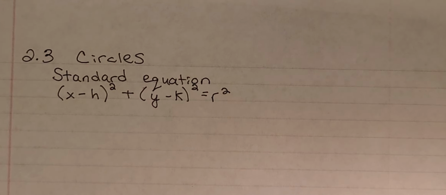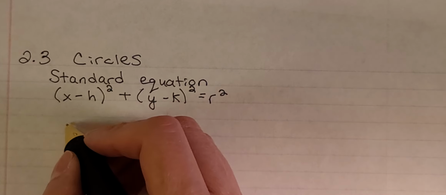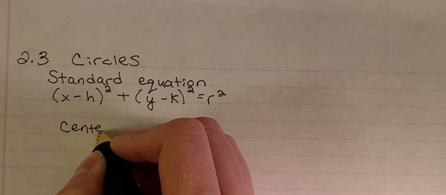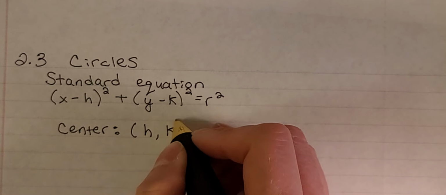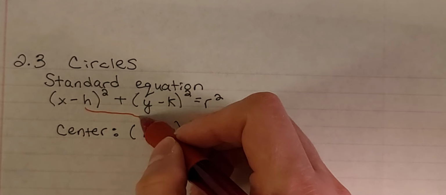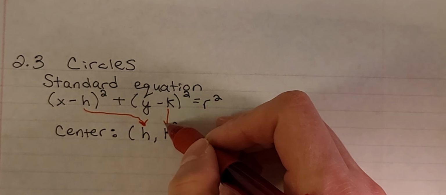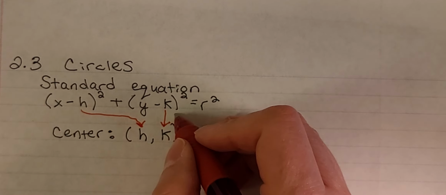This one is obviously everybody's favorite because it's very easy to pick off the center and the radius. So the center is h comma k. So it's really important when you plug in that h and you plug in that k, you're switching both of the signs.